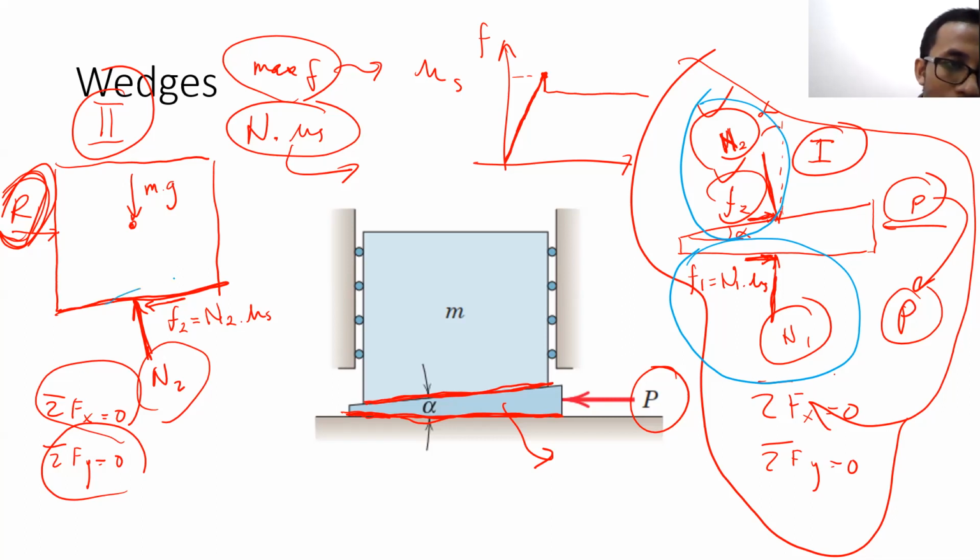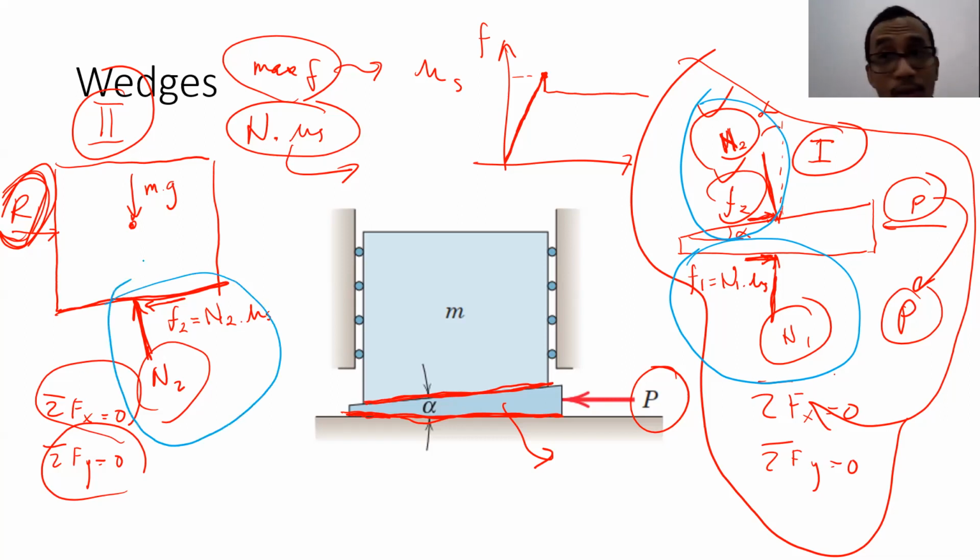The same as this one as well. These two forces are actually just one unknown, because the friction force depends only on the normal force. The mu s, because it's just like normal force multiplied by mu s, and the mu s is actually a known value. So both ways are correct.